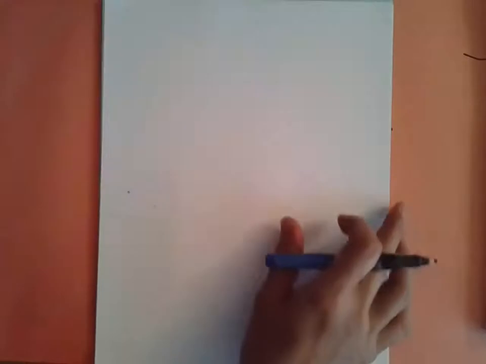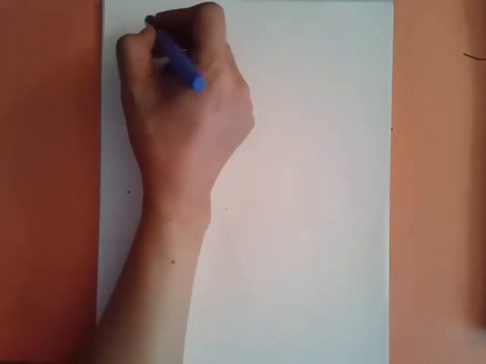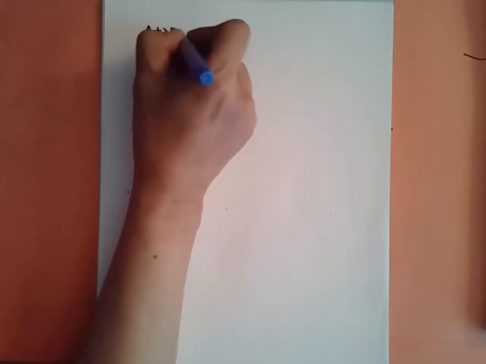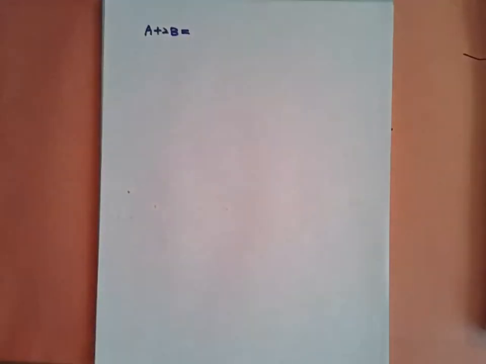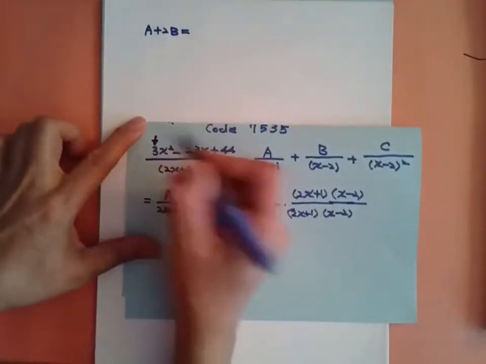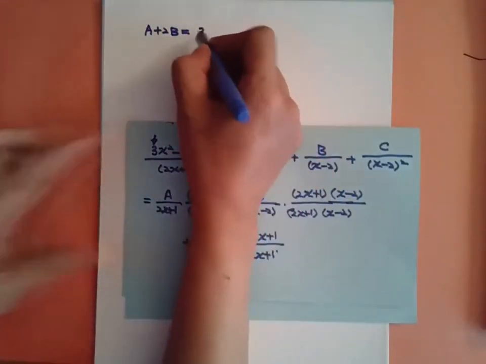Okay, and so we have the equations: a plus 2b equals what? That is the coefficient of x squared, so that becomes 3.